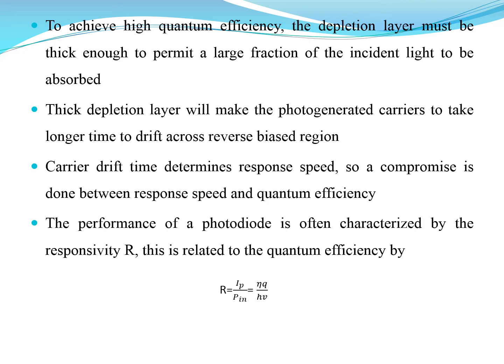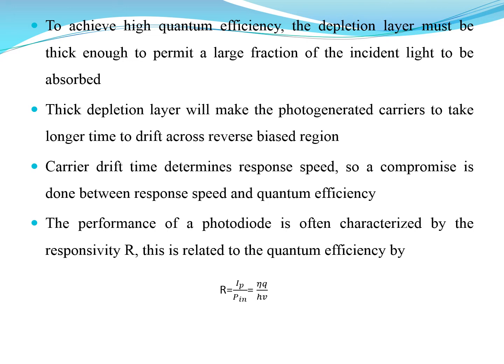Then the performance of a photodiode is often characterized by the responsivity. Responsivity determines the performance of the photodiode we select for converting an optical signal into an electrical current. So that is very important.